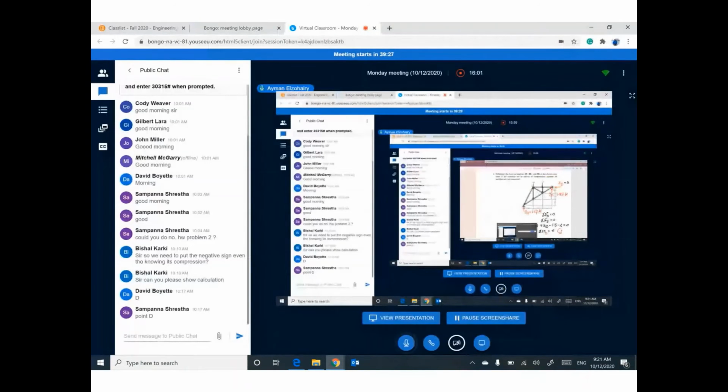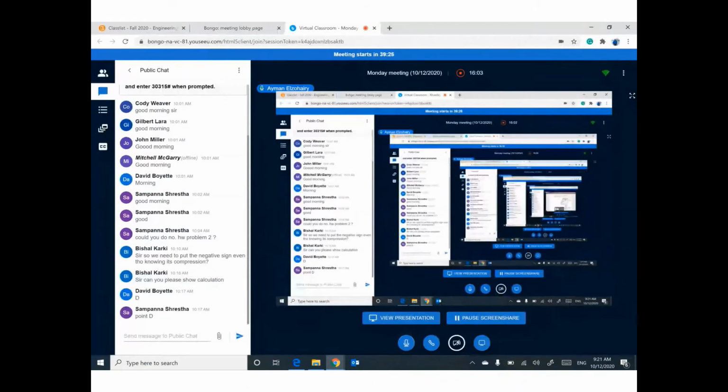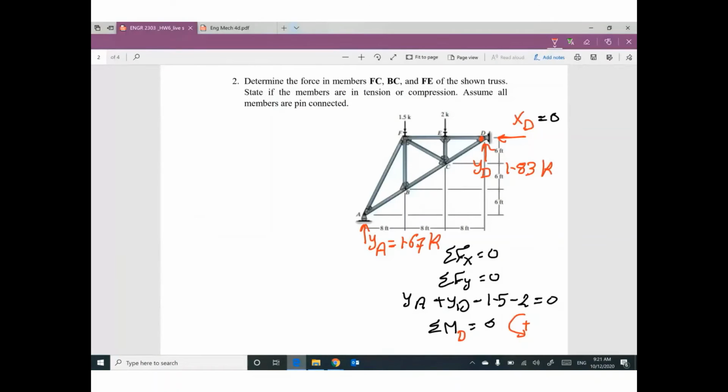Without reactions, you will not be able to pass exam number 2. Actually, if you cannot calculate reactions, you will not pass this course. Anyway, okay? So we are looking for FC, this one, BC, this one, FE, this one.